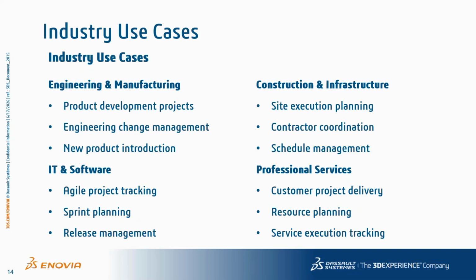For IT and software development, you have agile project tracking, where you can define your sprints, sprint planning, and the release management phase. For construction and infrastructure, you have site execution planning, contractor coordination, and schedule management.